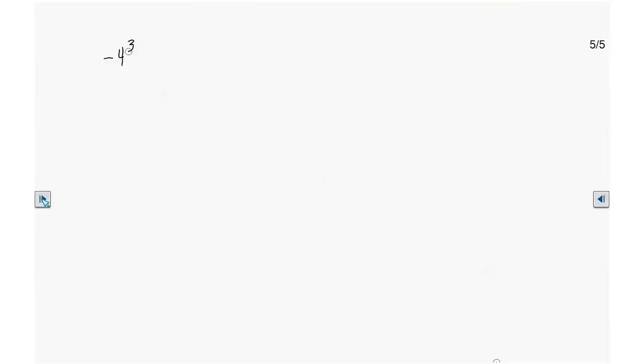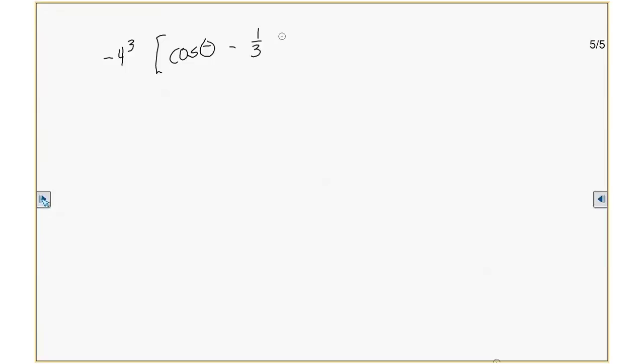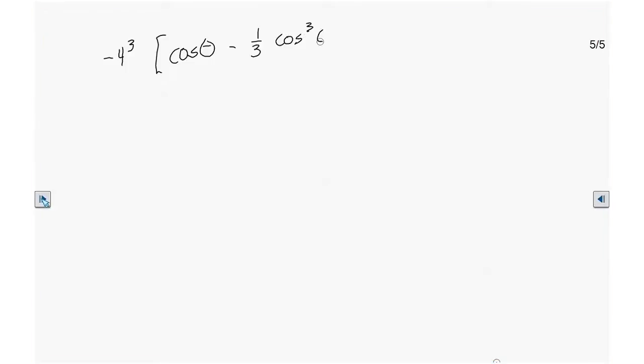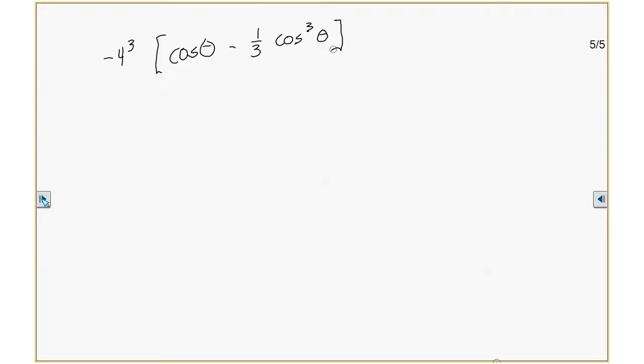-4 to the third power cosine theta minus 1/3 cosine cubed theta plus c. I'm going to bring in my key.